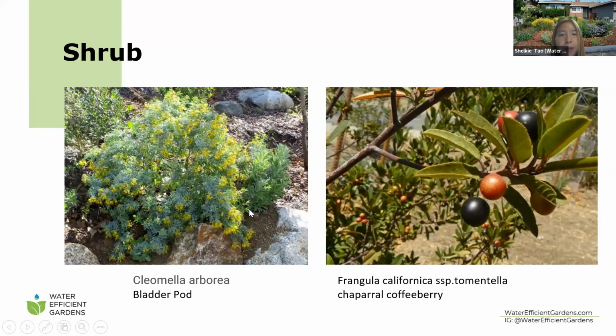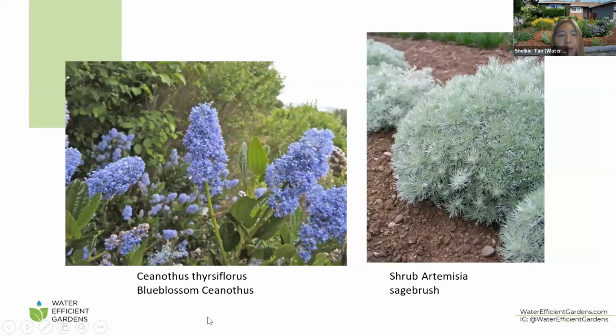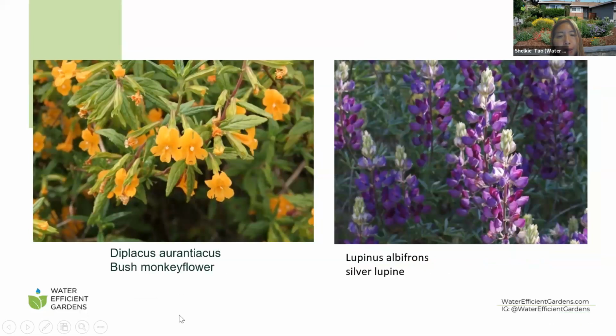We also have many very attractive native shrubs. Here are just some of the examples: bladderpod, the coffeeberry, ceanothus, sagebrush, the monkey flower, and silver lupine.